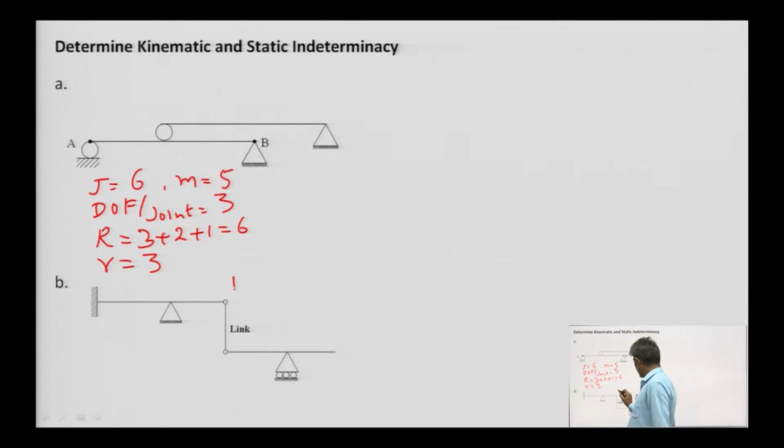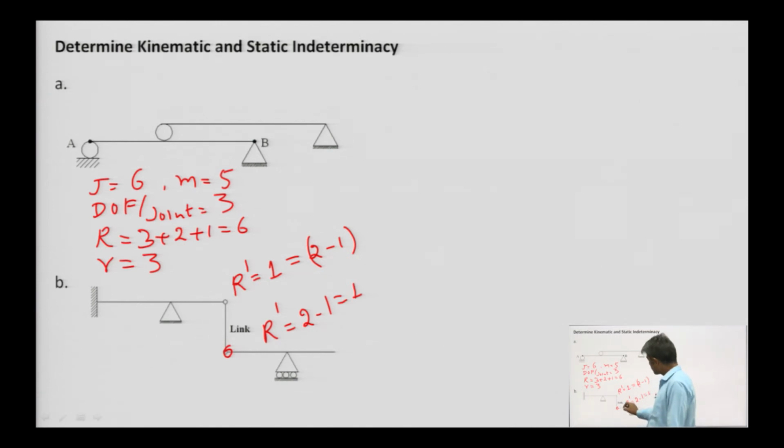Value of R dash here, how much? 1. Where did it come from? It is 2 minus 1, m dash minus 1. Here again R dash is equal to 2 minus 1 is equal to 1. Why 2? Because two members are connecting at this joint.